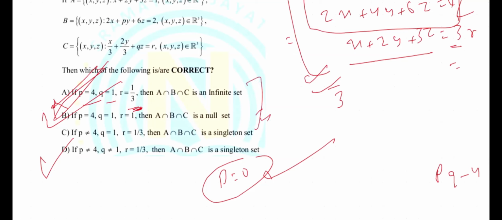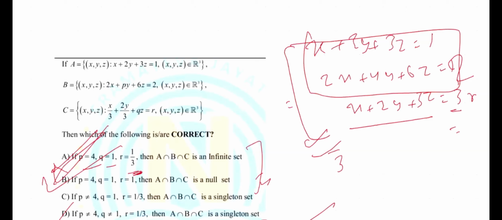p not equal to 4 and q equals 1 implies D is 0, and when D is 0, let's put this value. When q equals 1 and r equals 1 by 3, the plane A and plane C are identical, and when p is not 4, B is not identical.